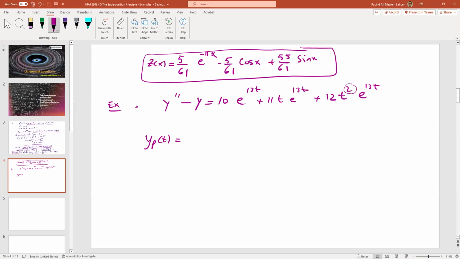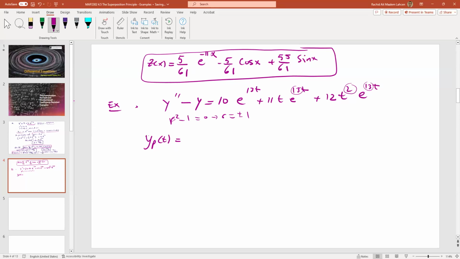And we need t to the power s. r squared minus 1 equals 0, r equals plus or minus 1, and for the exponential, we have here 13, so s equals 0.